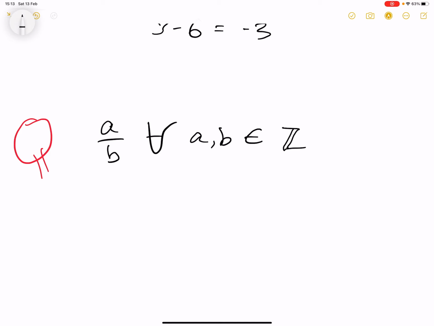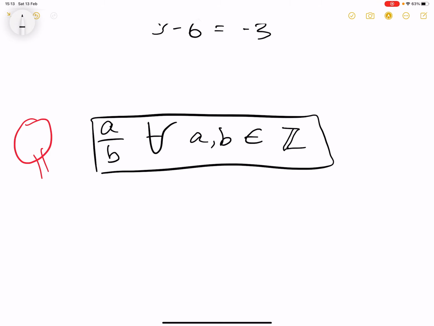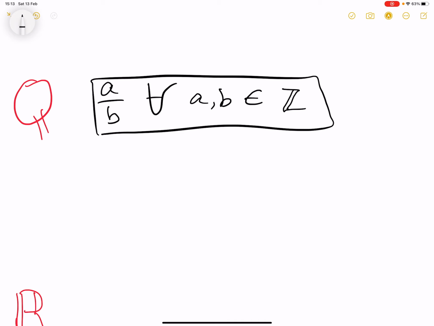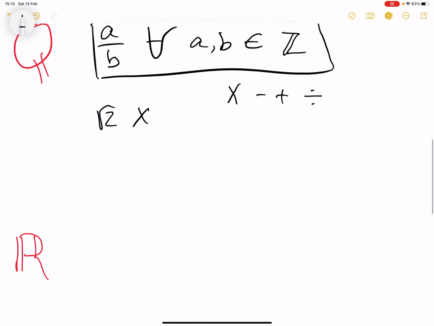So that's a mathematical phrase, but it describes the quotients. Quotients are also called the rational numbers, so we can't yet have irrational numbers like root 2. Root 2 is not allowed. But we can multiply, we can subtract, we can add, we can divide, and our 4 basic operations are now possible with the quotients.